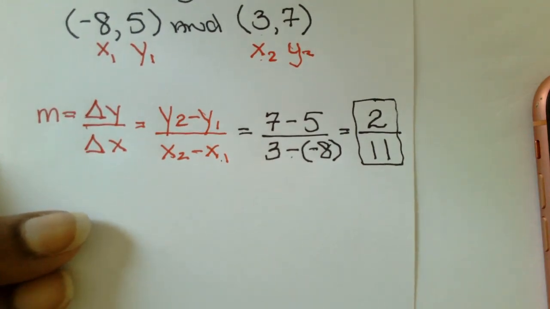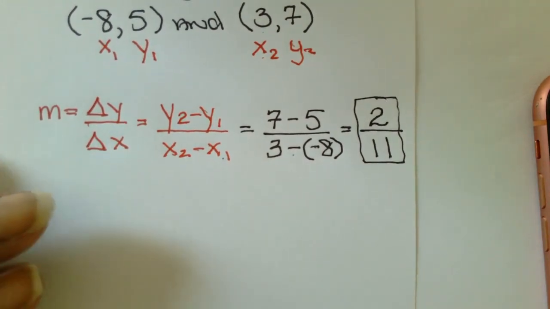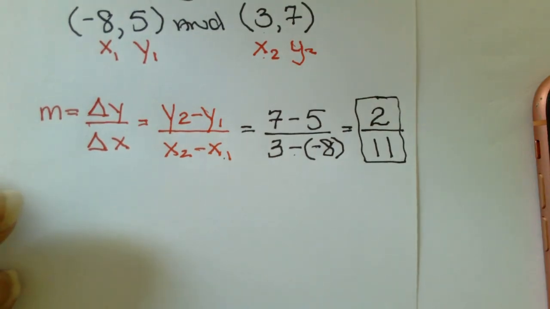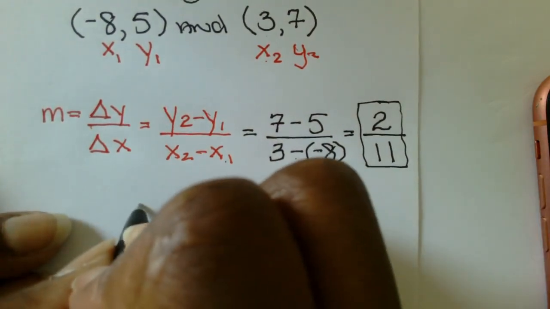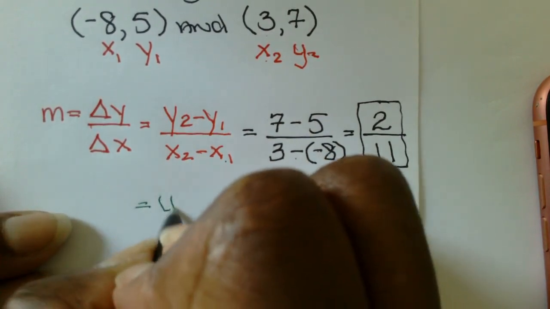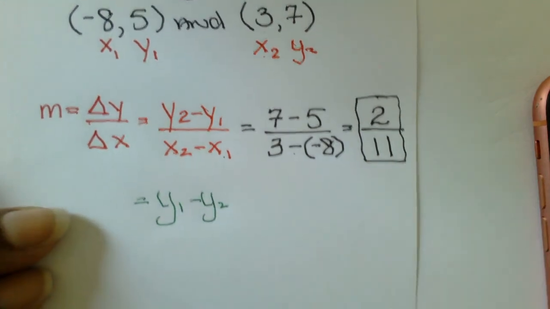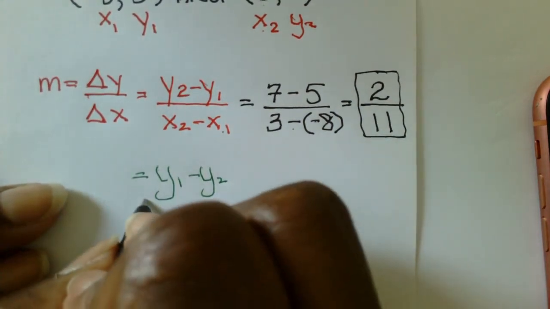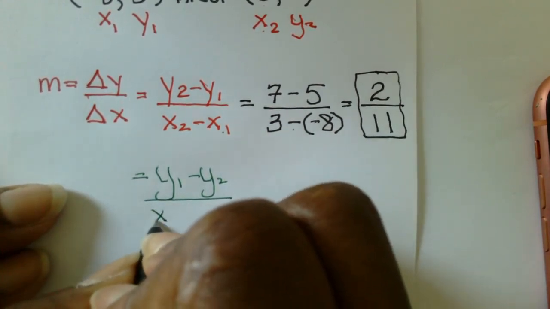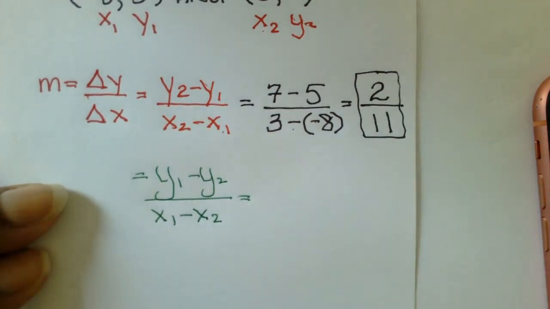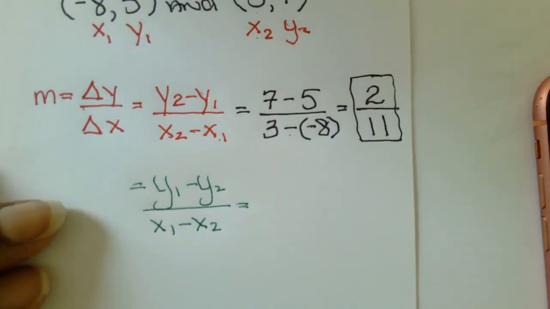Now, just like I always like to do, there's more than one way of doing this. So if I did y sub 1 minus y sub 2 over x sub 1 minus x sub 2, will I get the same answer?